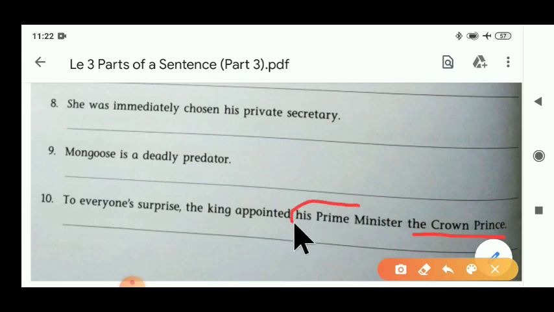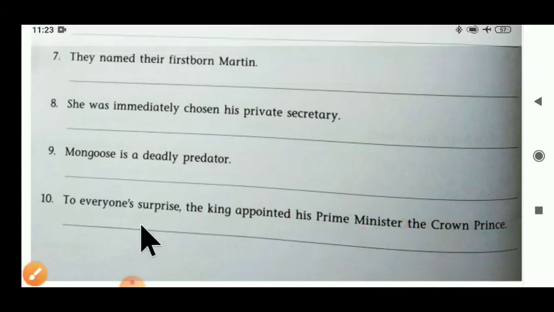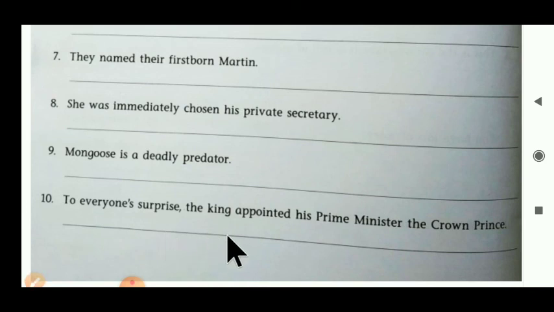His prime minister is the object here. So the crown prince becomes the object complement here. So the answer becomes like that: the crown prince, dash, object complement.